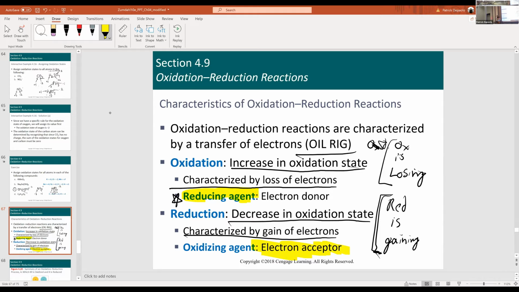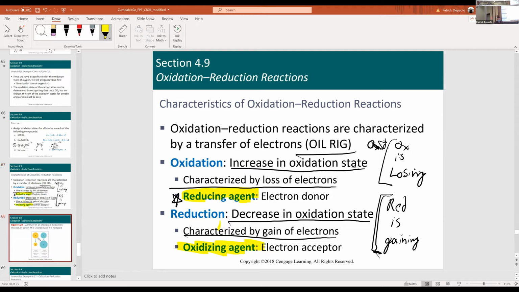So the reducing agent, whatever is being oxidized, is the agent of reduction, helping the other thing be reduced. Whatever is being reduced itself is the oxidizing agent. So it's kind of like a flip-flop thing. But let's do examples, this is just more confusing.